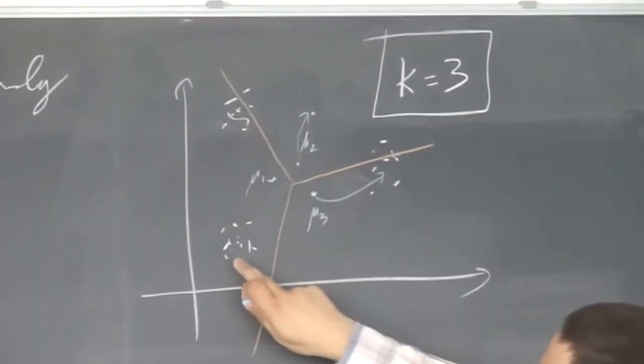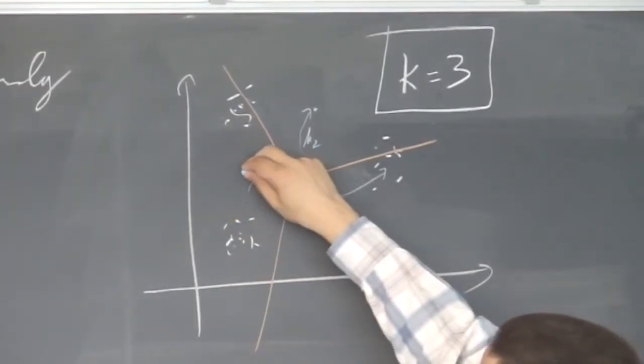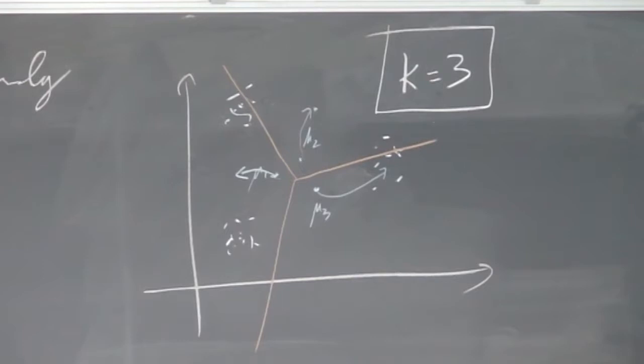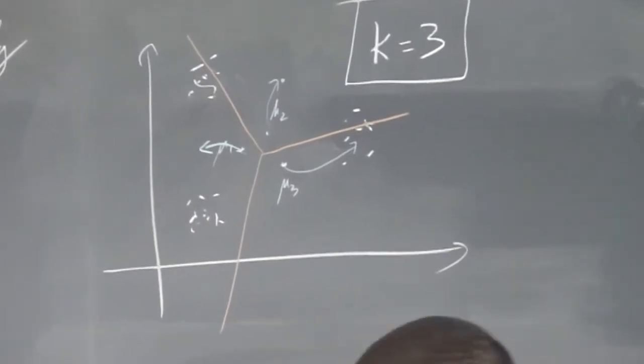And also mu1, which has points both here and here, will move somewhere in the center. But once we have made this move, what happens at the next step?